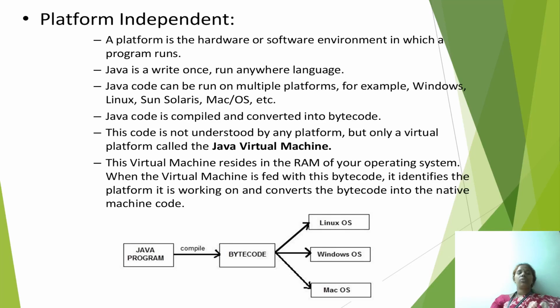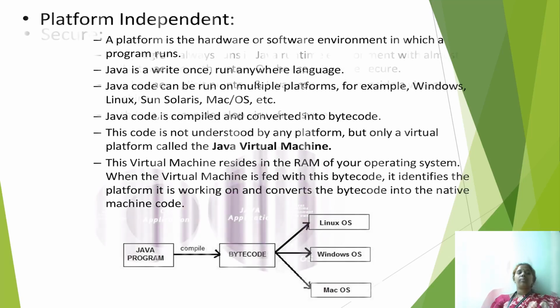This code is not understood by any platform, but only by a virtual platform called the Java Virtual Machine, that is, the JVM. The Java Virtual Machine resides in the RAM of your operating system. When the virtual machine is fed with this bytecode, it identifies the platform it is working on and converts the bytecode into native machine code. See the structure: we write the Java program, compile it into bytecode, and it works with different operating systems.